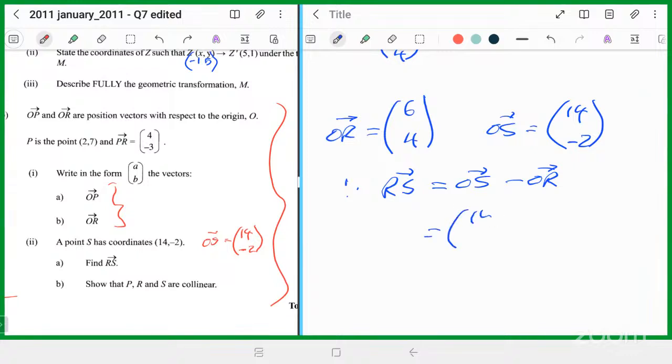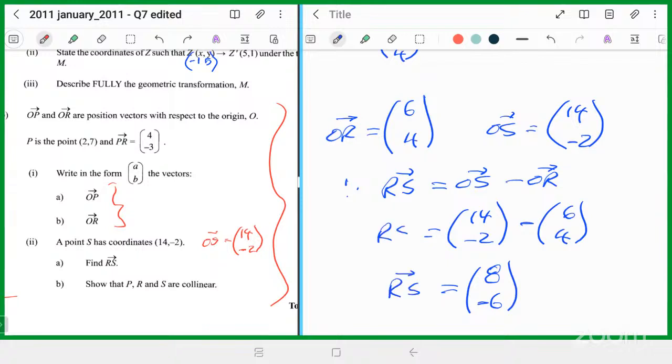That's 14, -2 minus 6, 4. So it's 14 minus 6, which is 8, and then -2 minus 4 is -6. So that is the vector RS. I've completed this part.